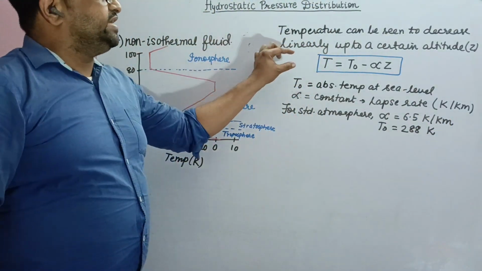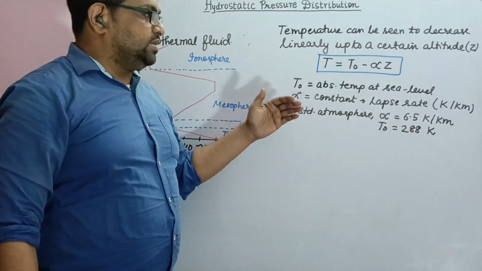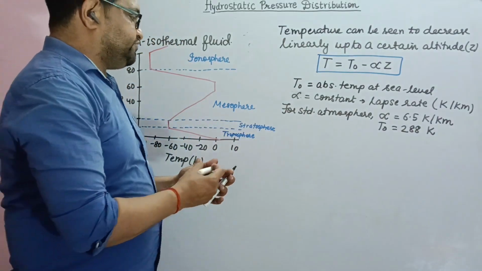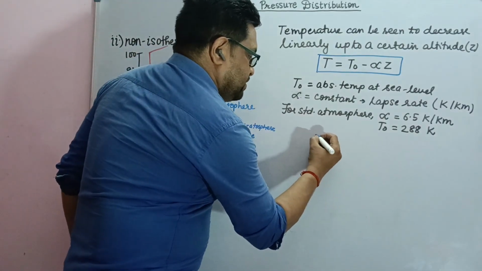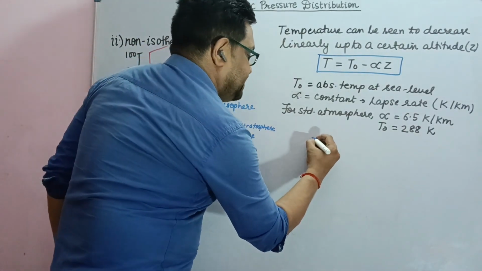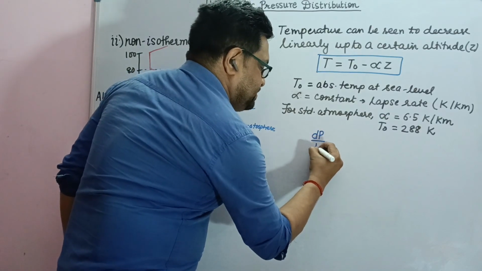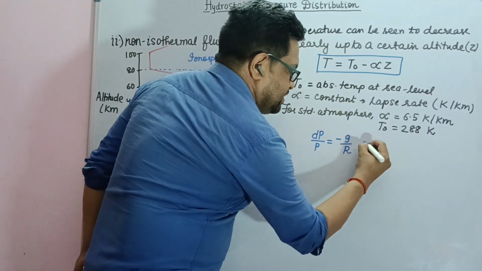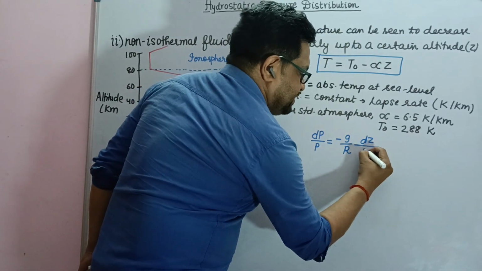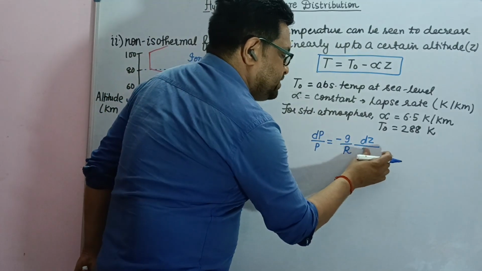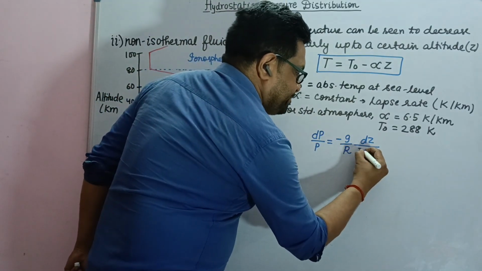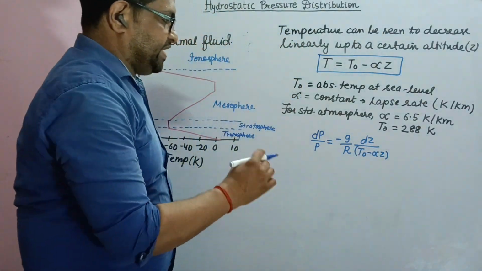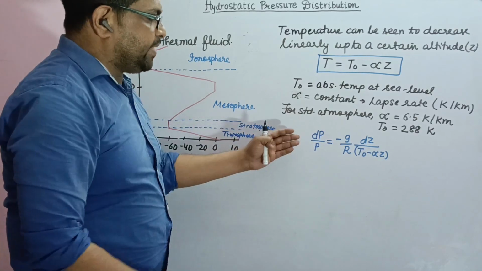Now, this equation of T can be used in the equation of the pressure variation which we have already derived. The equation we derived was dP upon P is equal to minus g upon R, dZ upon T. Now, instead of T, we will write T naught minus alpha Z, and the pressure between 2 points can be easily calculated by integrating this equation.